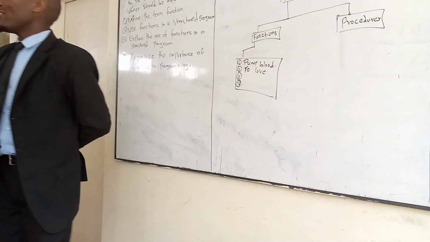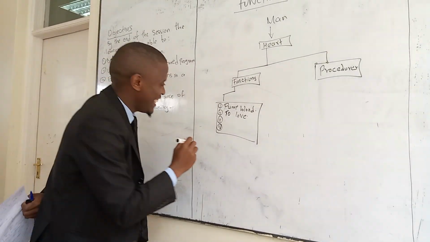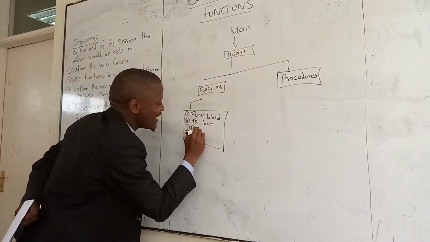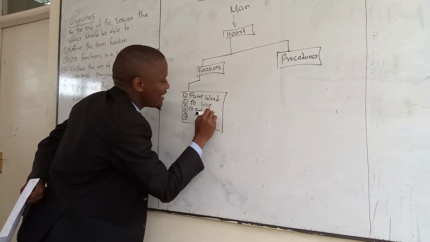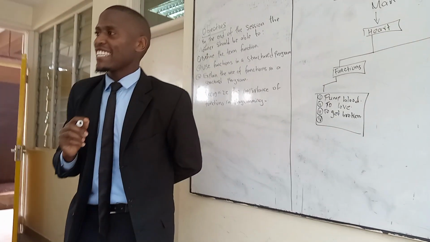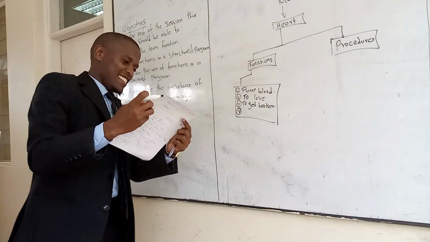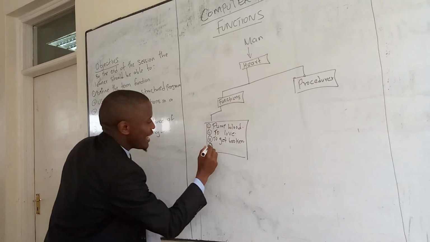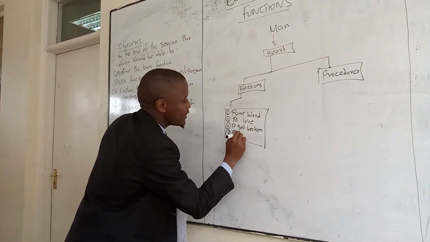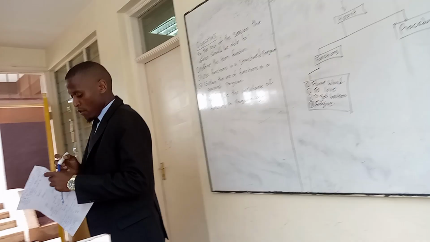Which is the other function? To get broken. And finally, yes, Enoch Kandi, to forgive. I don't advocate for holding grudges, and so it's the function of the heart to forgive.